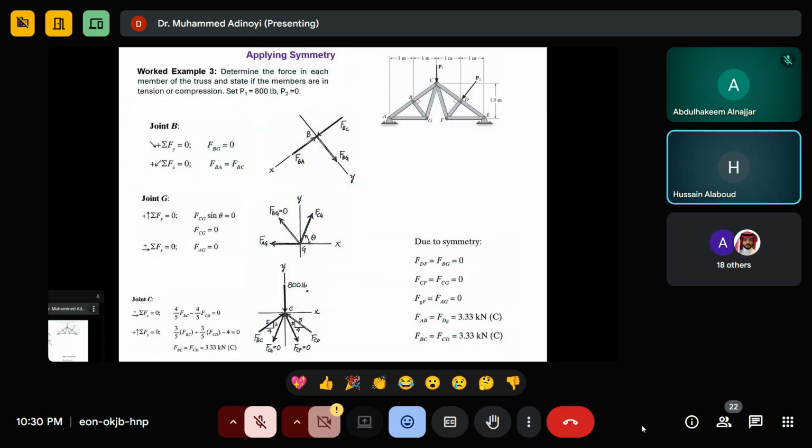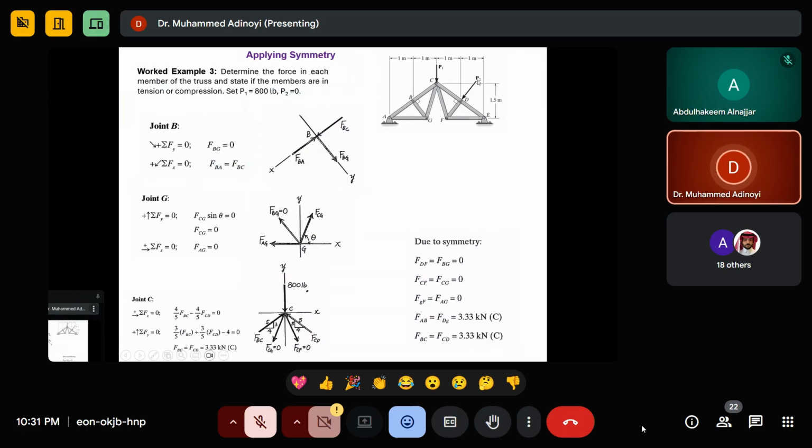So look at, I have this guy again. I decided to introduce this again to demonstrate the symmetry. So I can draw a line here to be symmetry in shape. But for this guy to be completely symmetry, this force must be zero, because there is no force here.